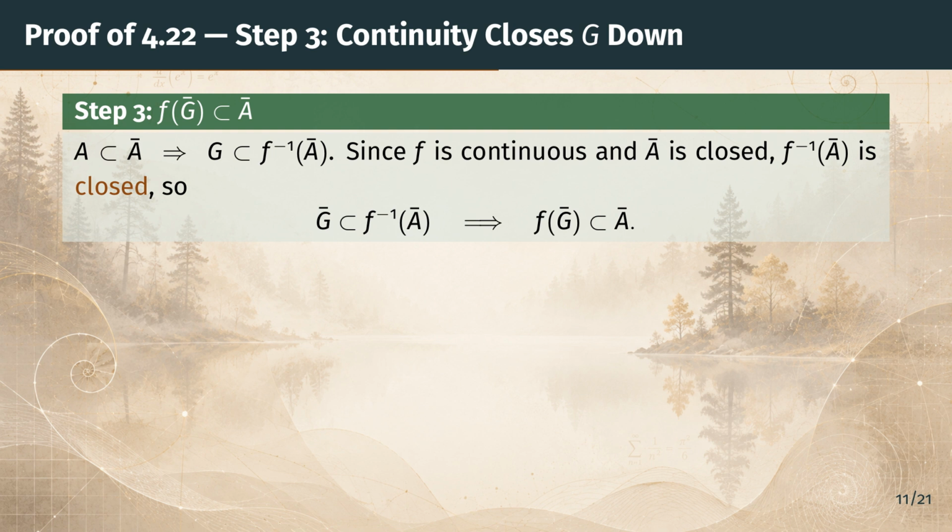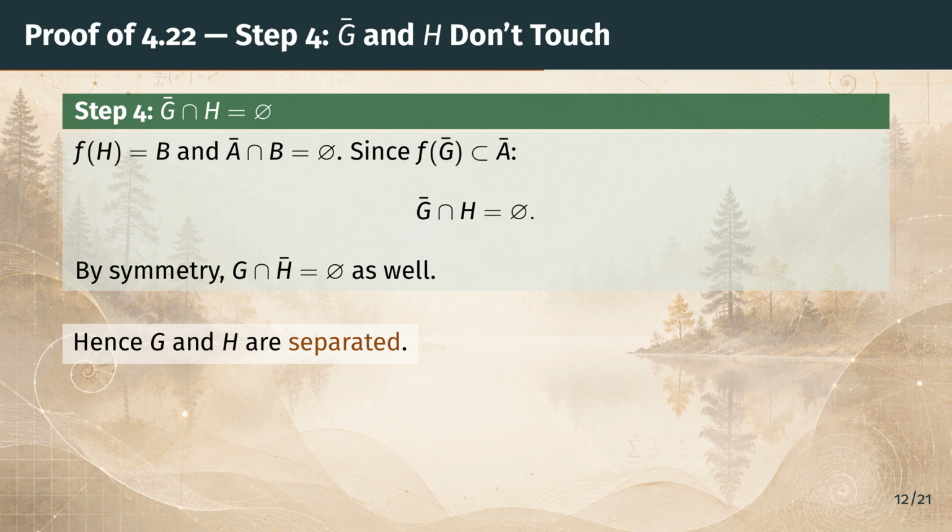Let's use this. Step 4. Recall that F maps H onto B, and that A and B were separated, so the closure of A does not meet B. Now suppose a point lived in both the closure of G and in H. Its image would lie in the closure of A from the previous step, and also in B, because it is in H. But the closure of A and B are disjoint, so that is impossible.